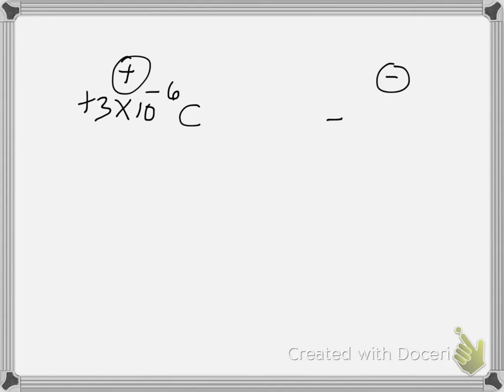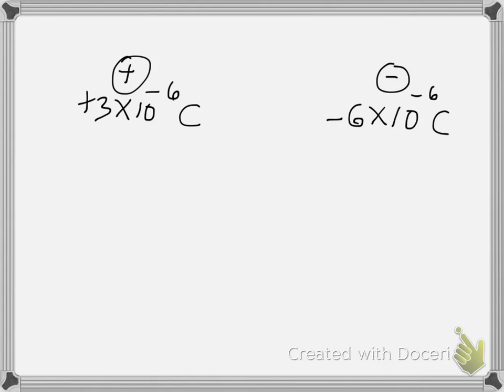All right, so our first example, let's say that we have a charge of plus 3 times 10 to the negative 6 coulombs. So this is a positive charge, and we have a charge of negative 6 times 10 to the negative 6 coulombs.